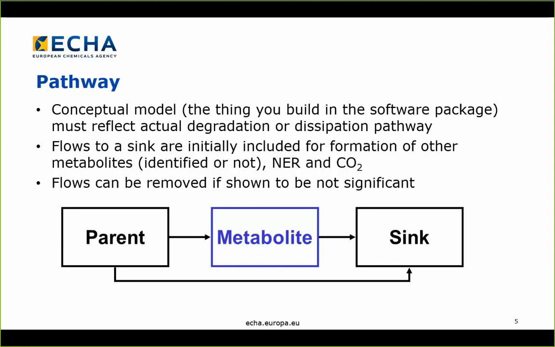So in our Model Maker fits this morning, you just had a parent going to a sink. Okay. In this conceptual model, we've got a primary metabolite that we've added in. But when I say the flows to sink are included initially, it's this flow that is retained. Okay. So keep that flow to a sink and only remove it if you subsequently found that that flow is not significant. Okay.